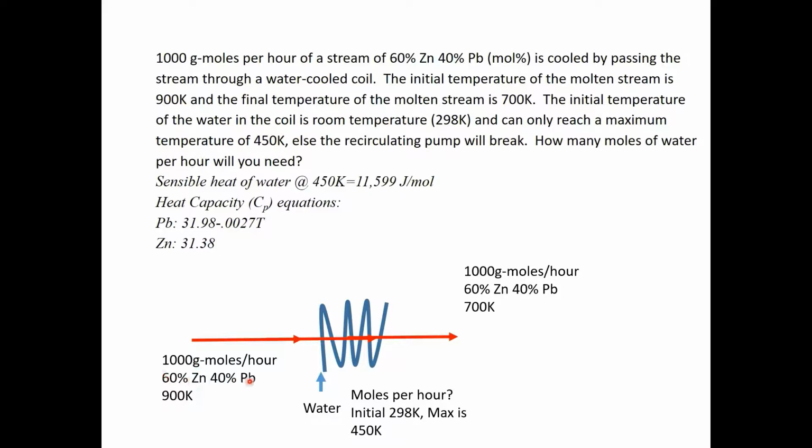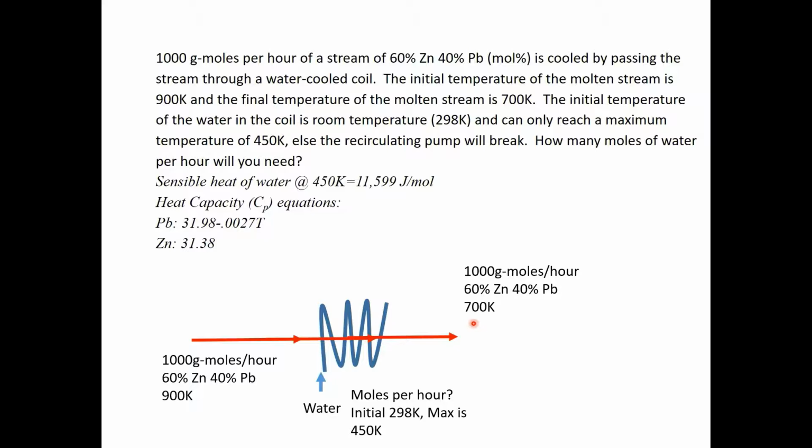We have our composition, 60% zinc, and we know it's molar. And we know our input temperature is 900 K. Our output is the same, 1,000 gram moles per hour. Still the same composition. We're not doing a separation problem this time. But the key tidbit here is that we're lowering our temperature to 700 Kelvin. And that's kind of important in our calculation.